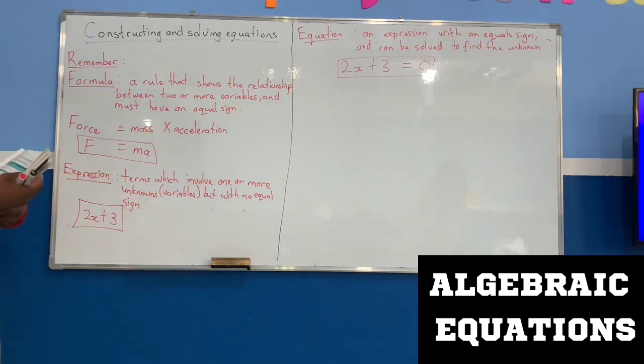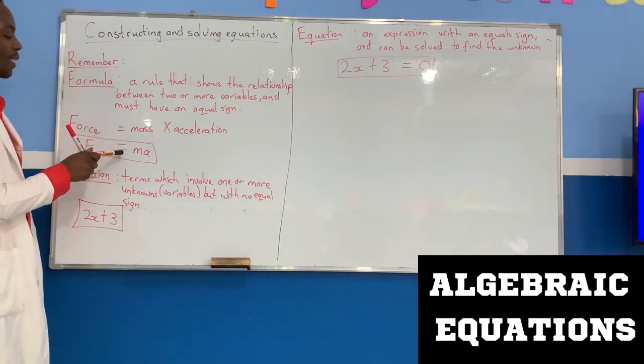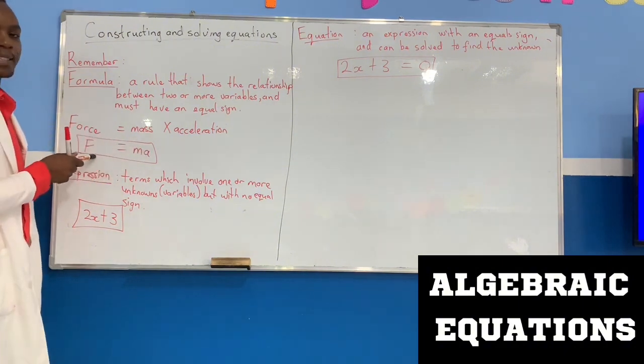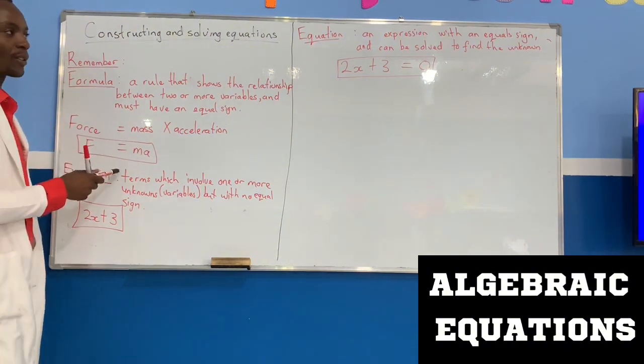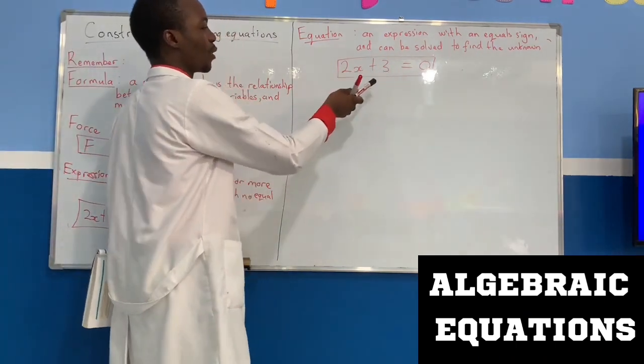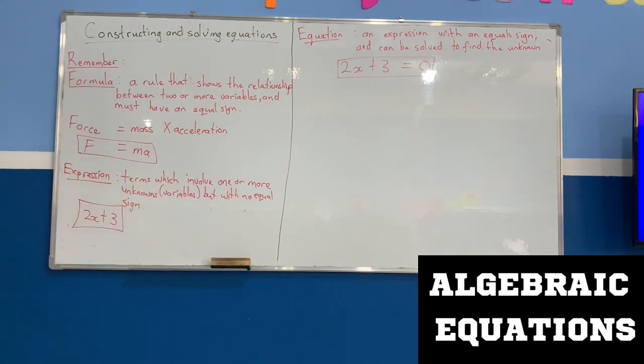So you notice that even if a formula has an equal sign and two or more unknowns, these unknowns do not have assigned values, whereas in an equation, the unknown has a value that we can find. The only thing we need to do is to calculate the value of the unknown.